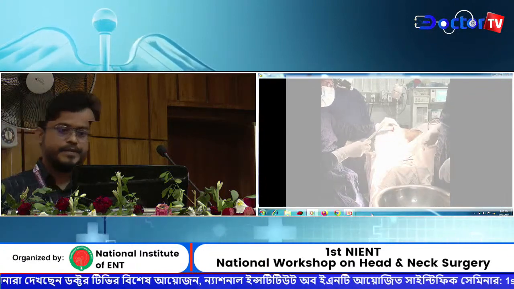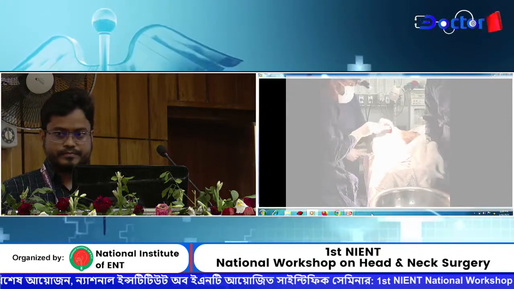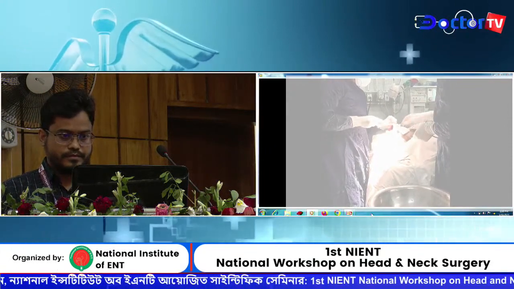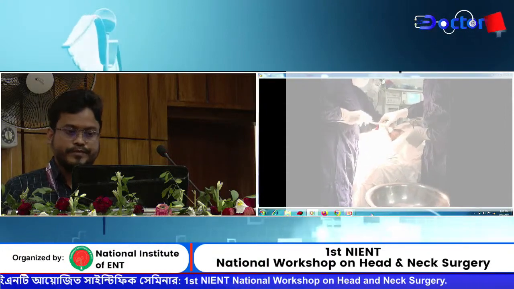This is the 10 mm port for the laparoscopic camera. Be careful to avoid the skin of the neck.